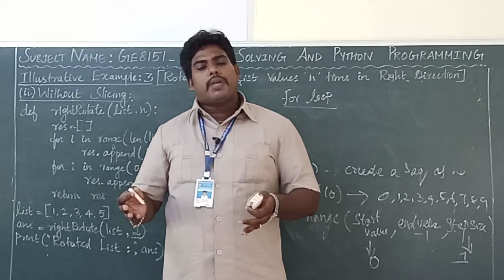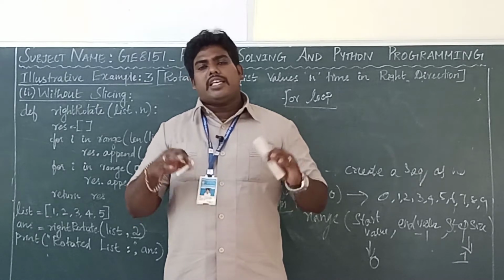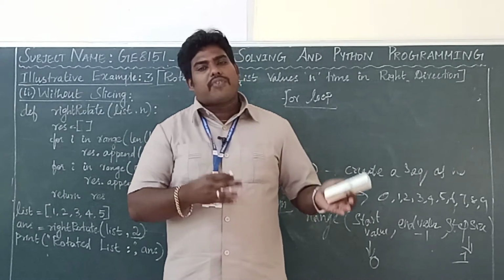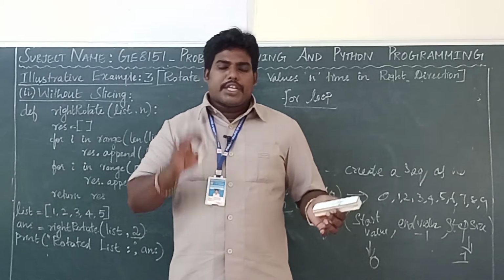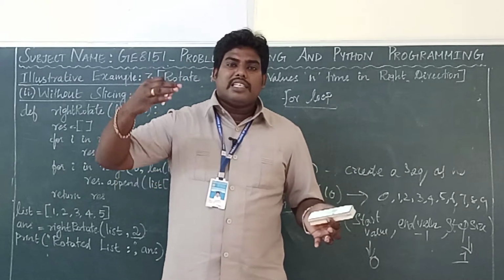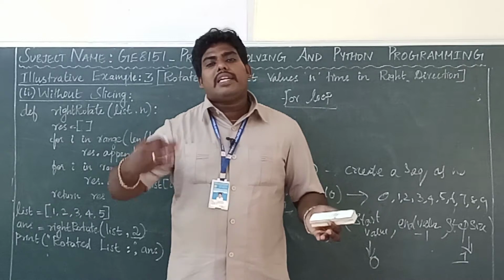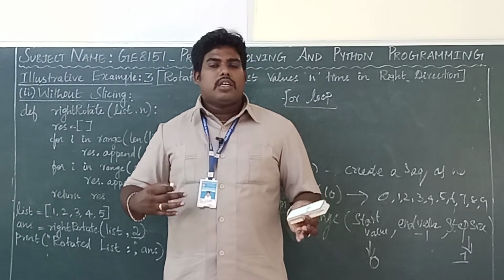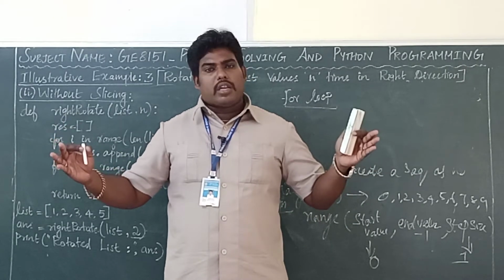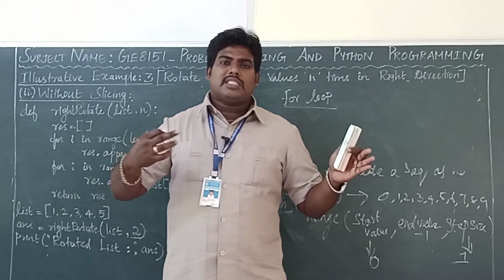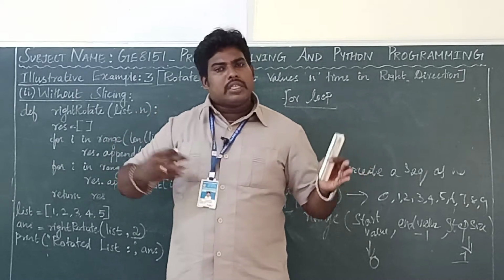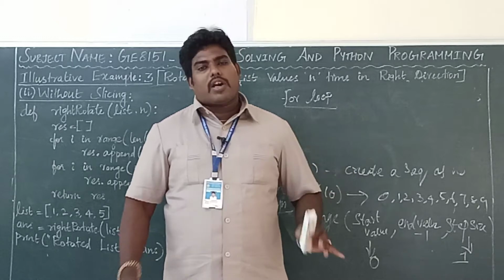String, list, tuple. For accessing these data types, we need the for loop, particularly for accessing the elements one by one in the collection. For example, if there are 5 numbers and you want to access them one by one from that collection, we need a for loop.